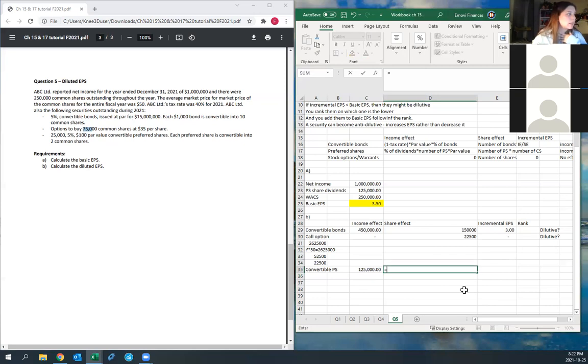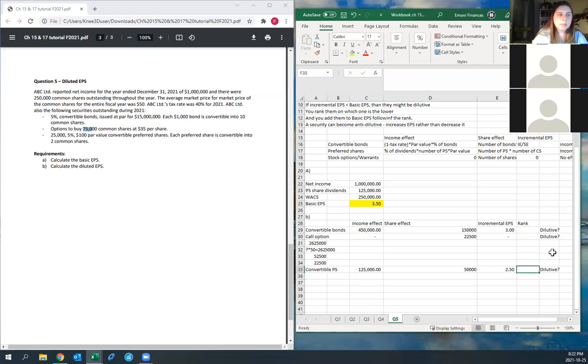And the share effect is going to be 25,000. And we can convert them into 2 common shares. So the incremental EPS is 125,000 divided by 50,000. So that's 2.5. So this also might be dilutive because it's lower than your 3.5.